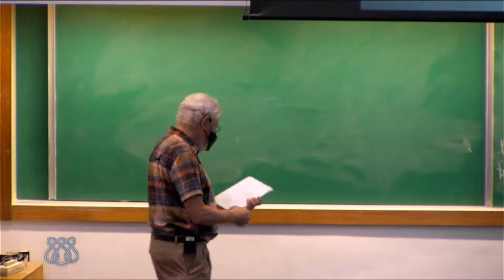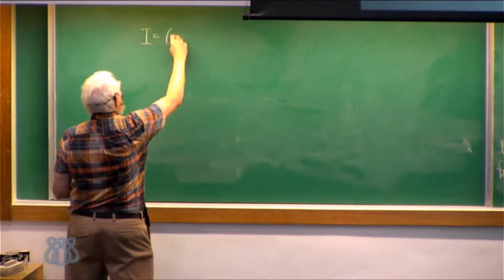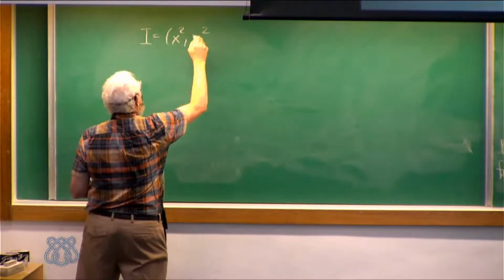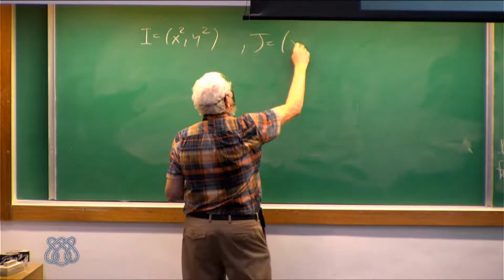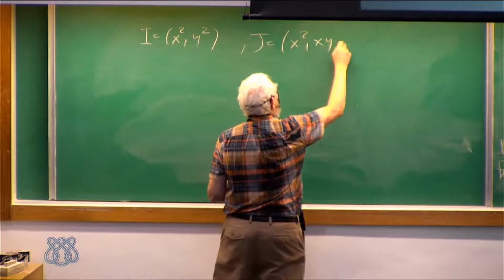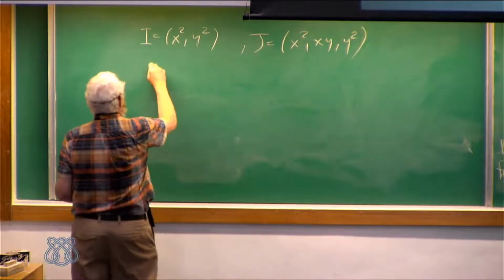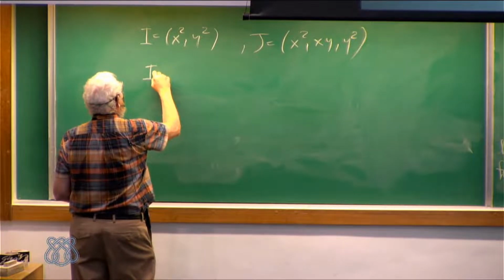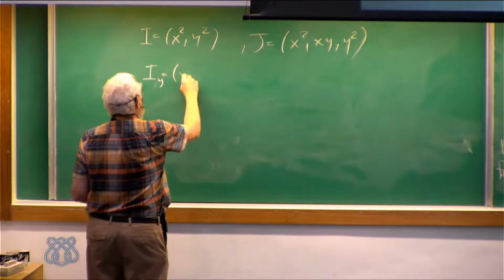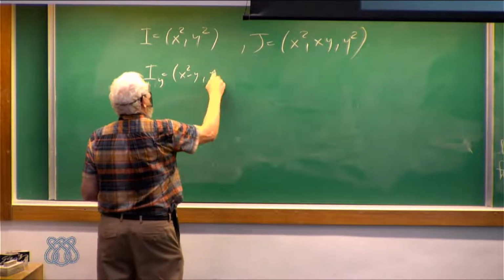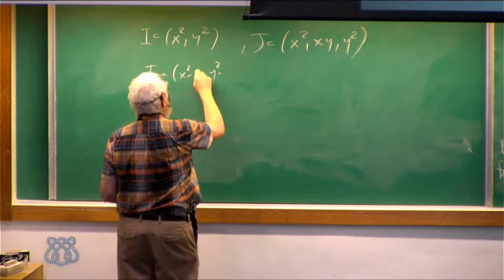Okay, so here the example is: I is the ideal generated by x squared, y squared. J is the ideal generated by x squared, xy, y squared. I'm going to get a family of ideals by changing things a little bit. Let's call this I_t, generated by x squared minus t, y squared minus t, oh, I better use t, after all.